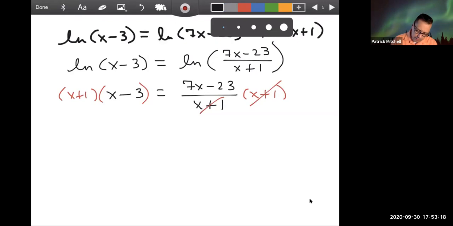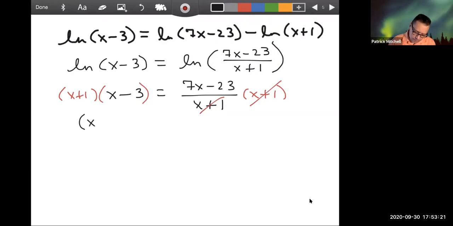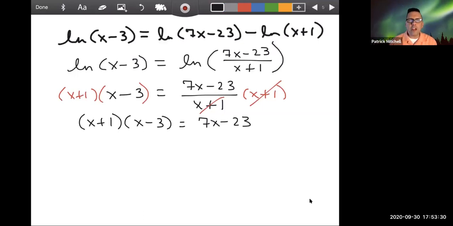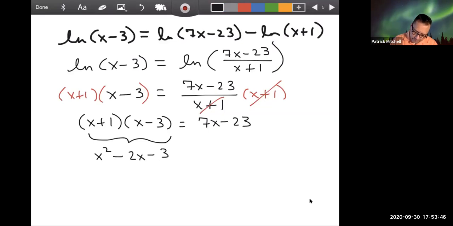So that's going to give me x plus 1 times x minus 3 equals 7x minus 23. It looks like this equation is going to end up being quadratic. So to put it in standard form, I am going to FOIL these two. That's going to give me x squared minus 2x minus 3 equals 7x minus 23.